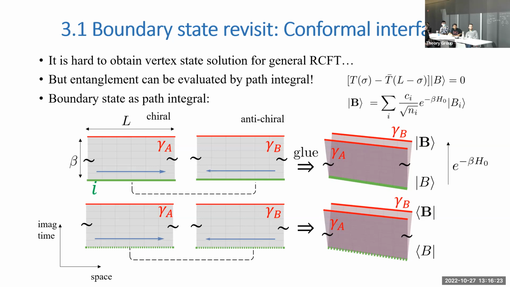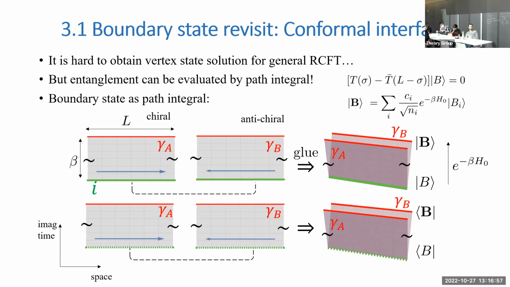So the idea is that we can write the boundary state as a path integral. As I mentioned before, the boundary state kind of pairs up the chiral and the anti-chiral parts, with some regularization factor. If we write that in the path integral language, we have this picture.